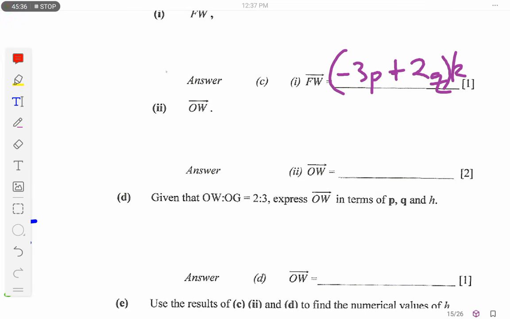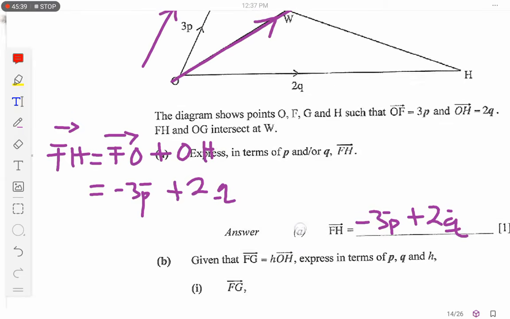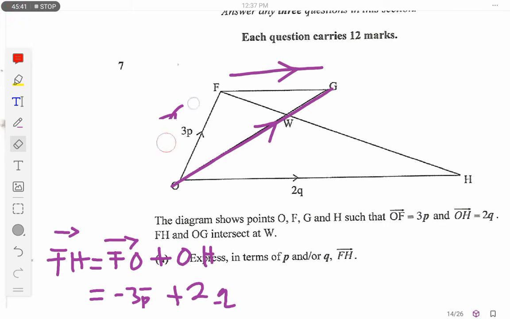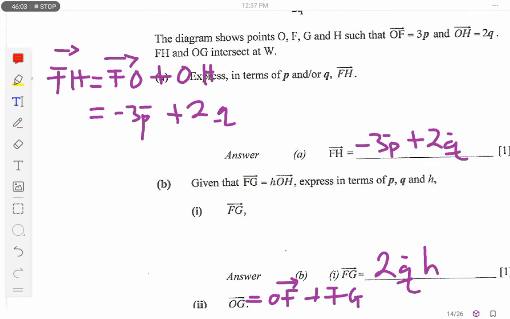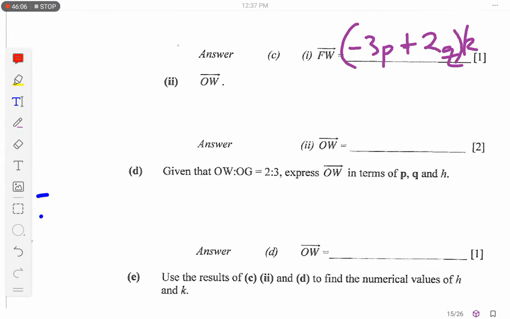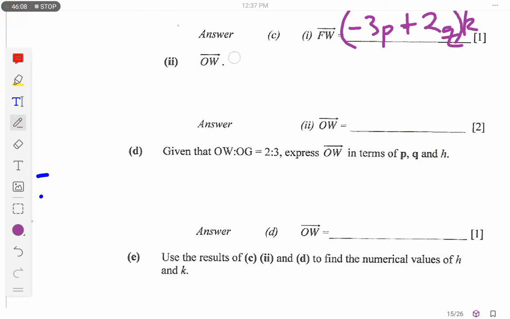OW, let's go to our diagram. How do we get our OW? OW is this one, and you find out we can get our OW using OF and FW, the one that we have just calculated. So our OW is going to be equal to OF plus FW.